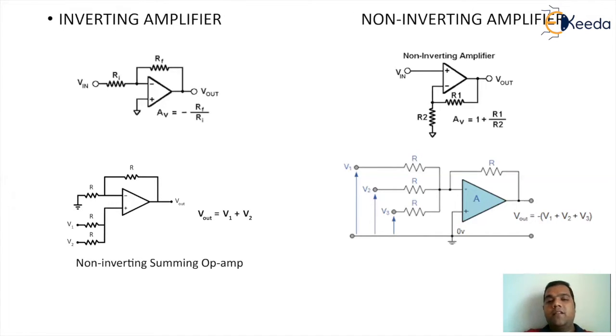The negative feedback will be given to the inverting pin of the op-amp. That is the reason we have two basic forms of circuitry, the non-inverting amplifier and the inverting amplifier, where you use a resistance between the output pin and the minus pin of the op-amp to ensure the feedback is negative feedback.